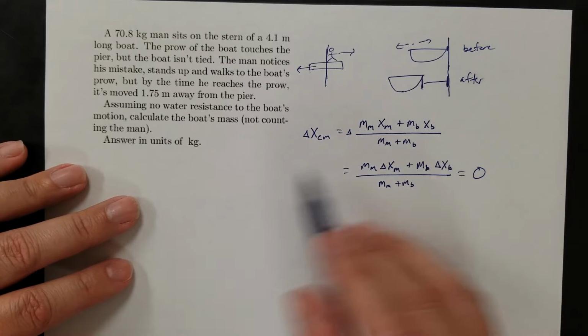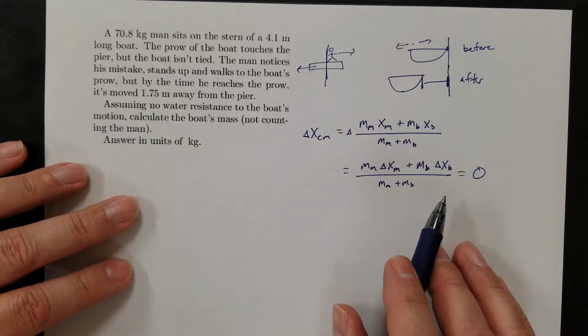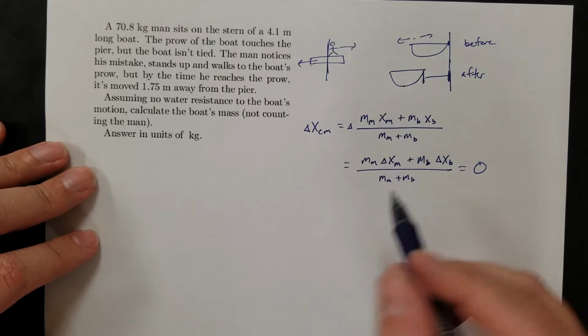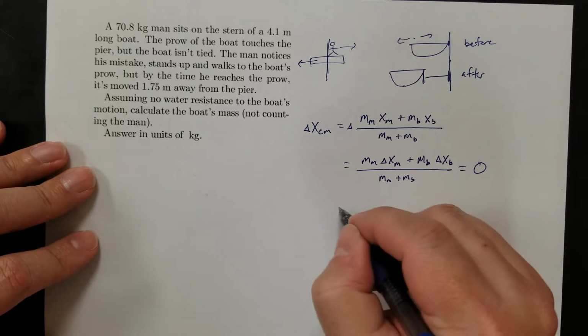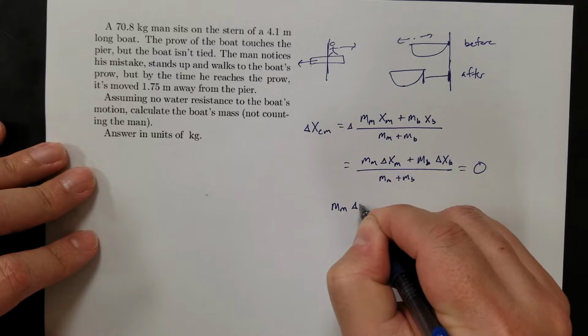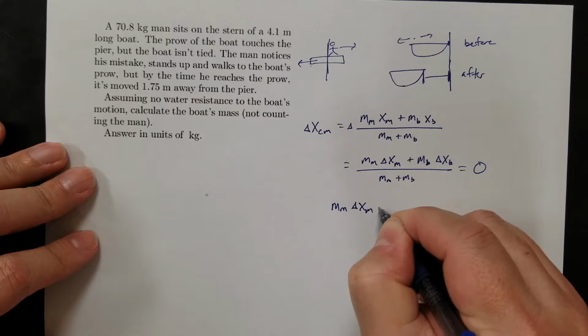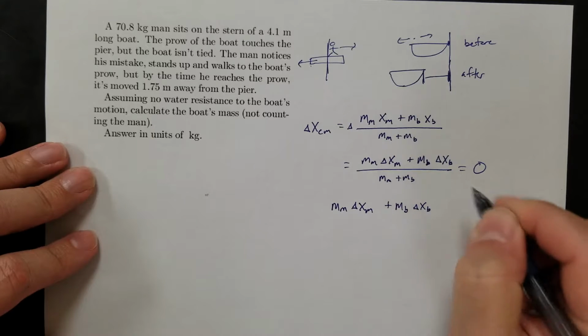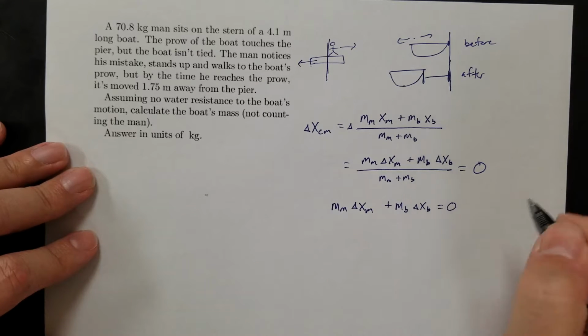Okay. So now I can just take this equation and simplify it a little bit. This equation basically says mass of the man times delta x man plus mass of the boat times delta x boat equals 0.